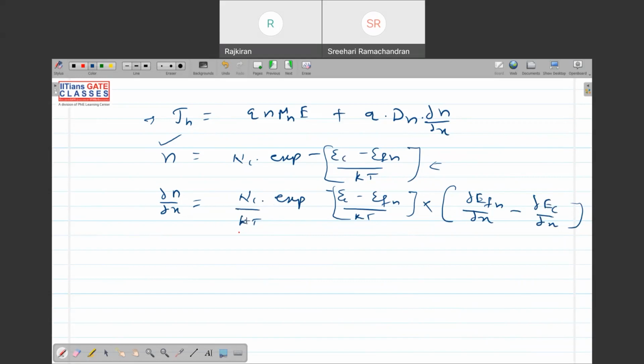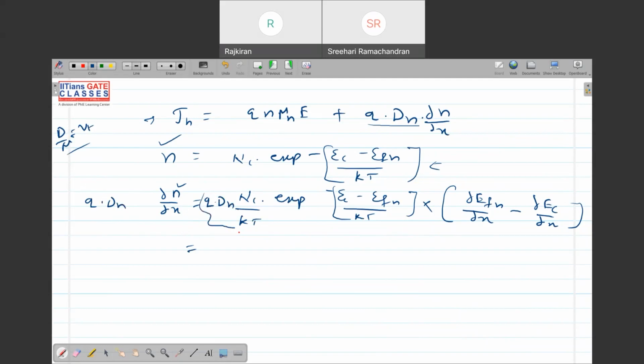Then for this dn by dx, I have to multiply q into Dn. So kT by q is what? Vt. kT by q is Vt. And D by Vt is what? Mobility. You know Einstein's equation: D by mu is Vt, so D by Vt is mu.